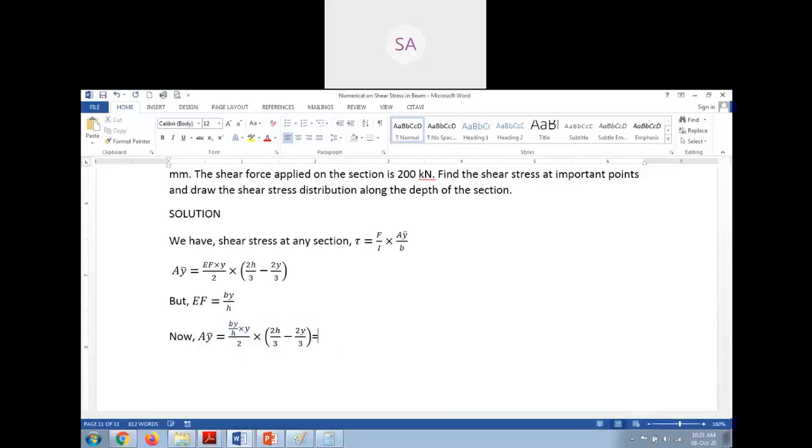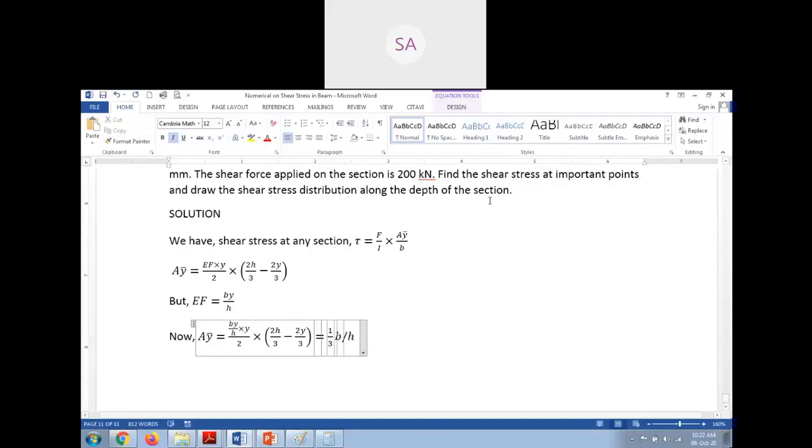So this is equal to, this 2 gets cancelled. So what I get is 1 by 3, right? By into y, so it becomes y square by h, right?